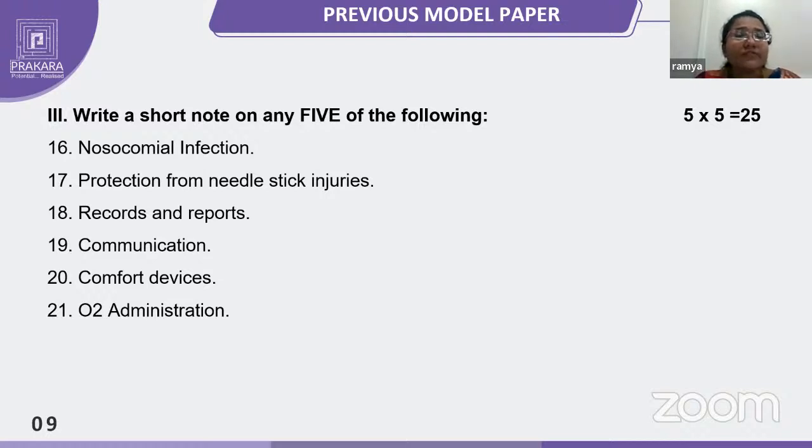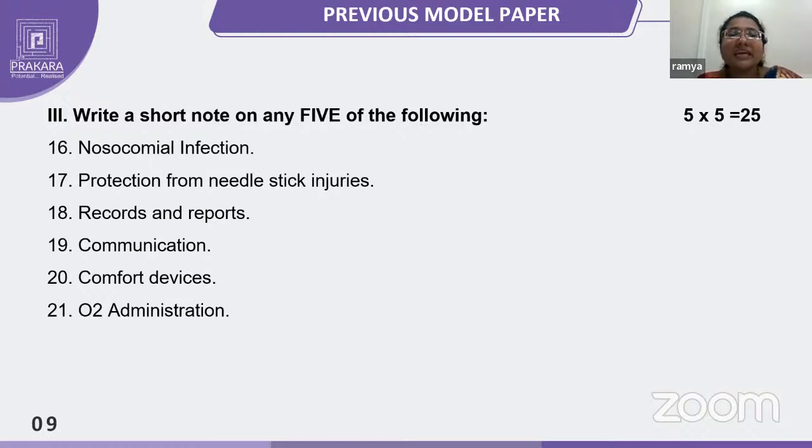Next, we go to the 20th question, that is comfort devices. Comfort devices are certain devices which make persons comfortable. For example, if a patient wants to take food orally, in the supine position we cannot make the person take oral fluids, liquids or any diet.